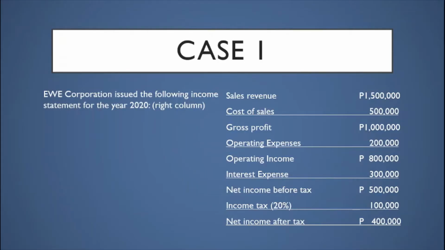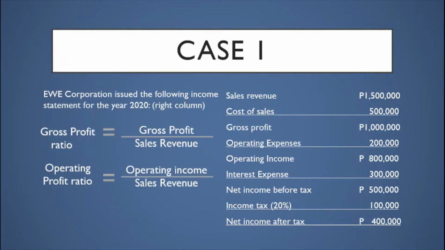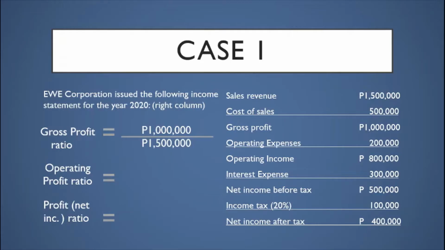Let us calculate the following: gross profit ratio, operating profit ratio, profit or net income ratio. Again, they're also referred to as margins: gross margin, operating profit margin, and the profit margin. Gross profit ratio is equal to gross profit, which is 1 million pesos, over sales revenue of 1.5 million pesos.